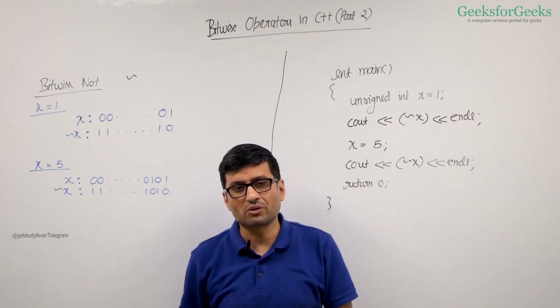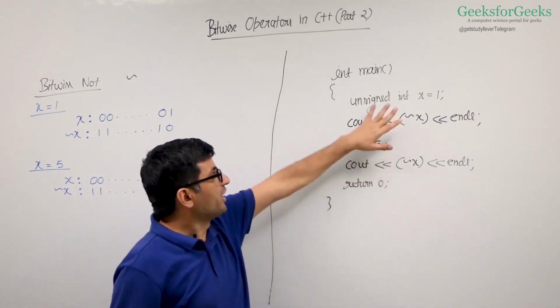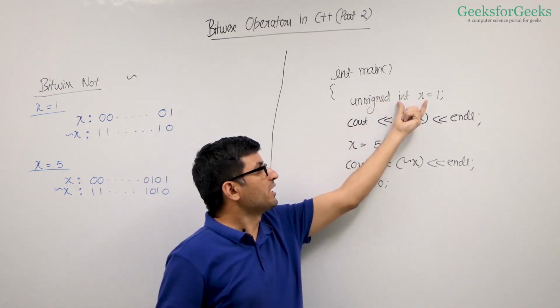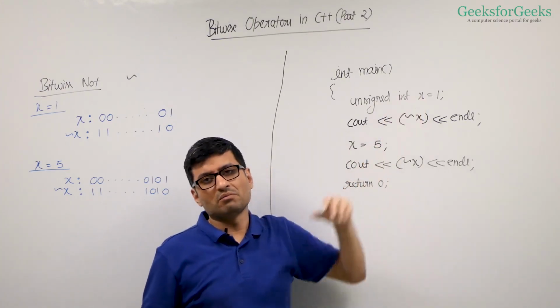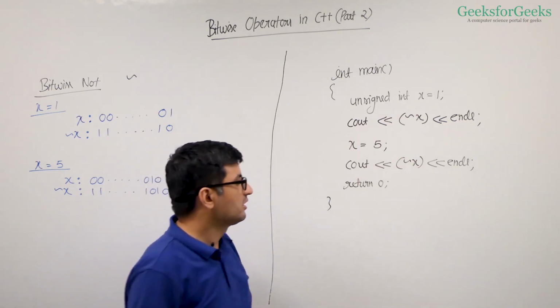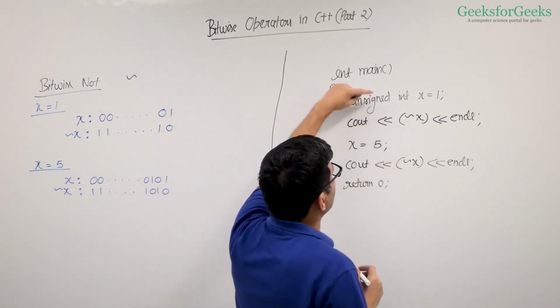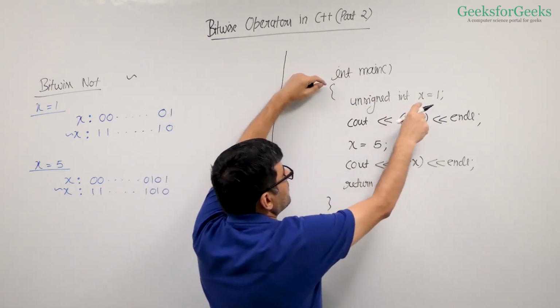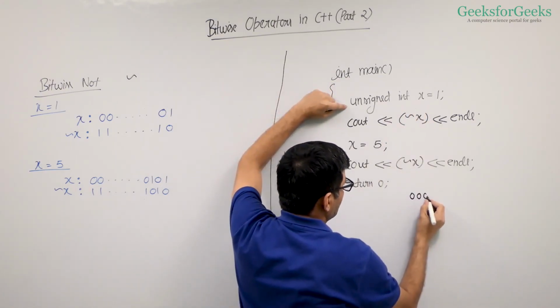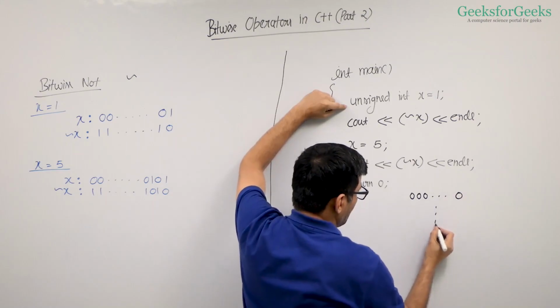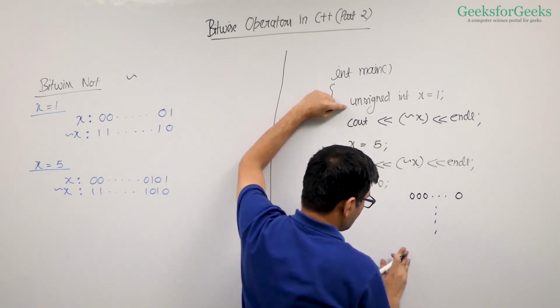No negatives allowed. And the range of these numbers depends upon the size of the unsigned int type. Most popular size is 32-bit. So if you consider 32-bit representation, then these unsigned data types have range from all zeros to all ones.